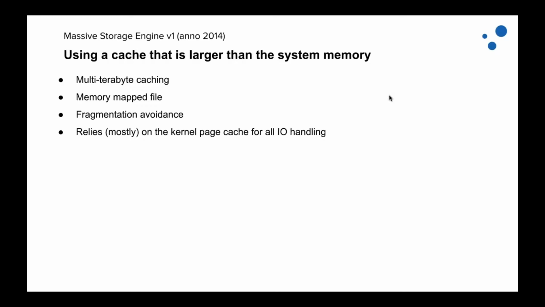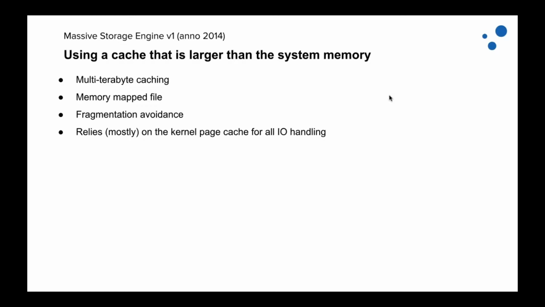This version 1 used a technology of the Linux kernel called the memory mapped file, in order to extend the address space and create a cache larger than the system memory.